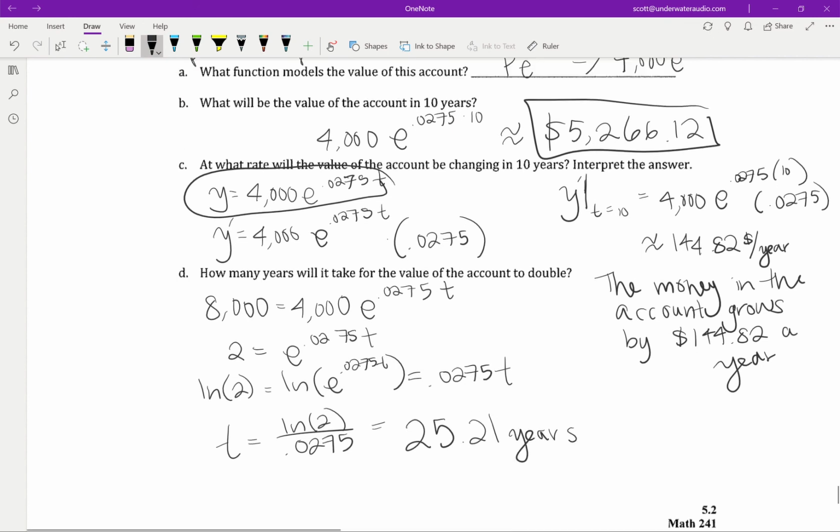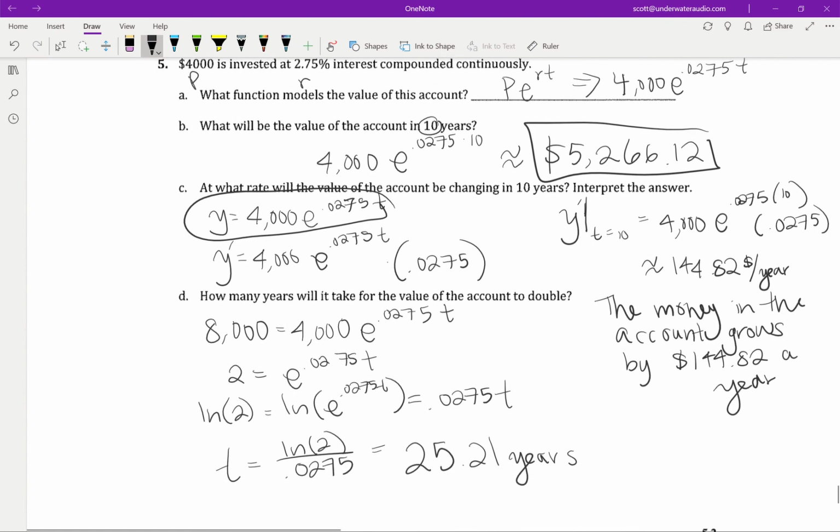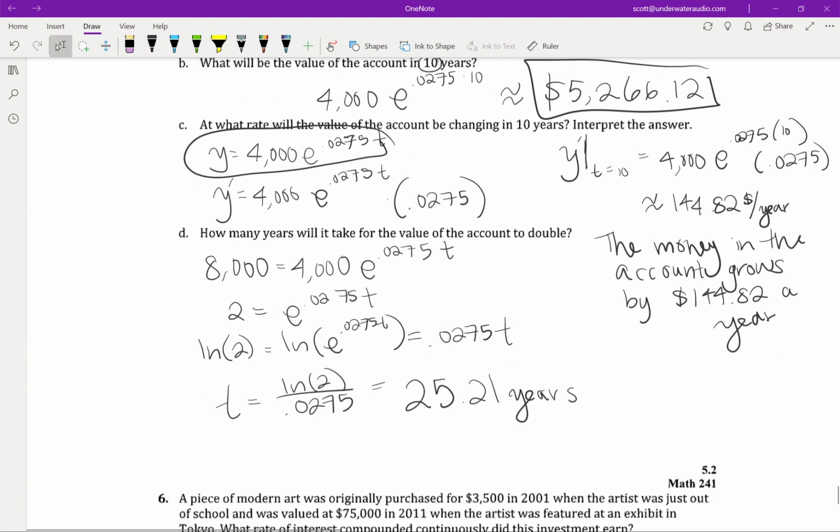And I think this makes sense to me because when we checked in 10 years, it had gone from 4,000 to 5,000. So it makes sense that it's a little bit farther along, roughly 25.21 years. I'm going to pause there for questions.